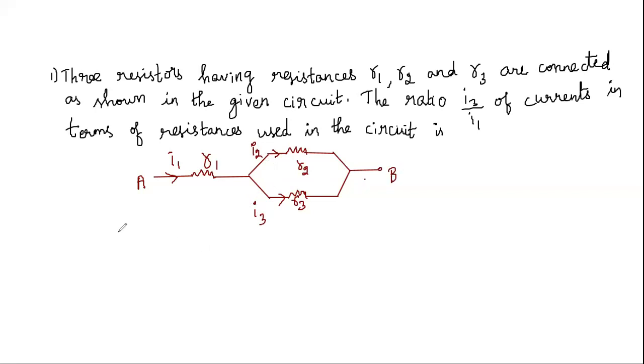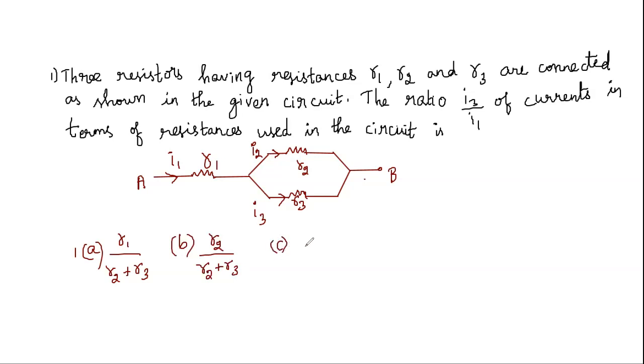So this is the question, and I will be writing the options here. Option A is R1 by R2 plus R3. Option B is R2 by R2 plus R3.